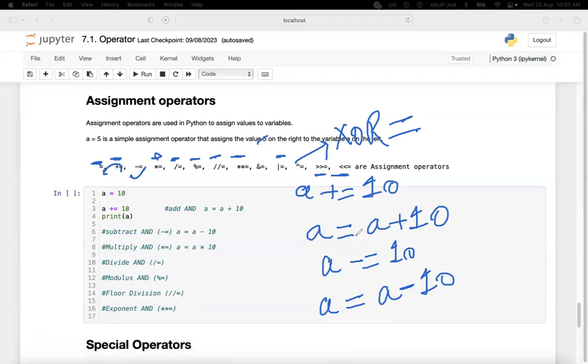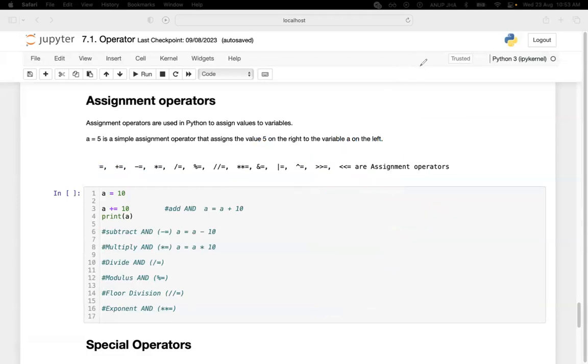Yes. One question. These are what you're showing me. Are they called syntax or something like that? These are called assignment operators in Python. All these symbols are called assignment operators in Python. It is used to assign a value to a variable, whatever value you want to assign.